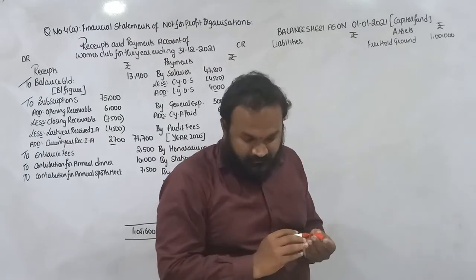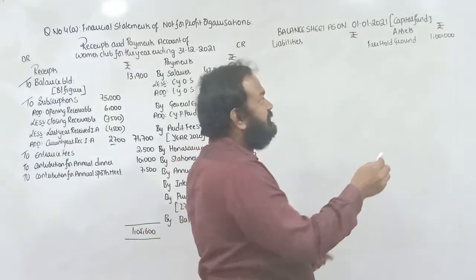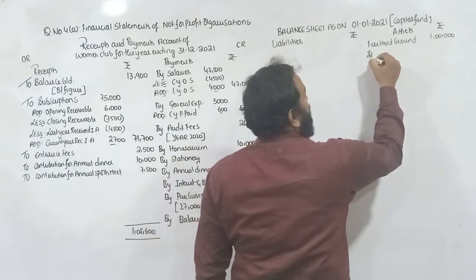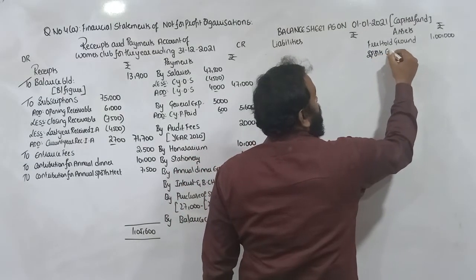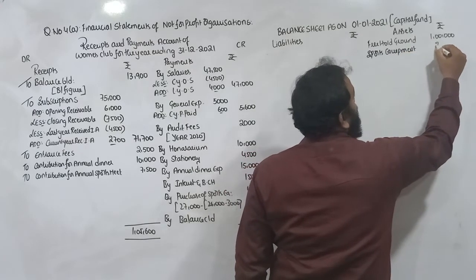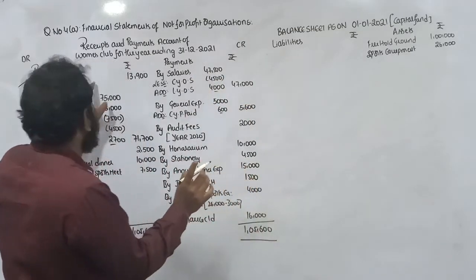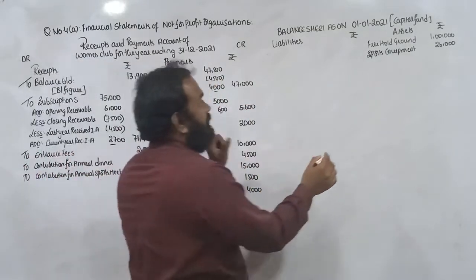Okay, then next sports equipment 26,000 is there, no? Right, sports equipment 26,000. Then, sir, opening cash balance is there, no?